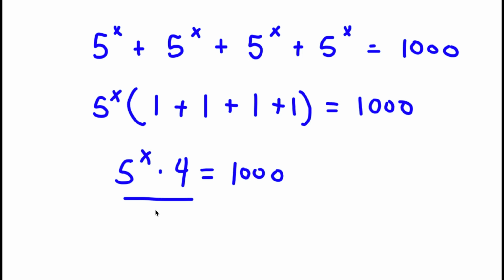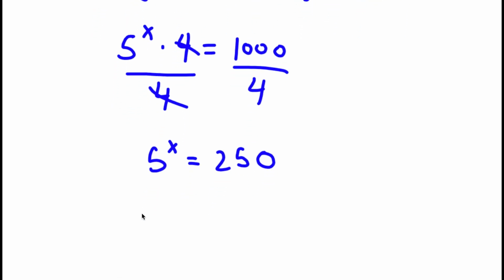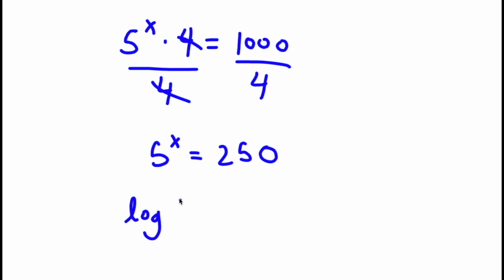Now, if I divide by 4 on both sides, these two simply cancel out, and I'll be left with 5 to the power of x is equal to 1000 divided by 4, which is 250. So I have 5 to the power of x is equal to 250. So now I'm going to take the log on both sides. So I have log 5 to the power of x is equal to log 250.